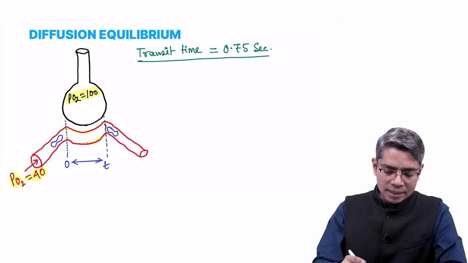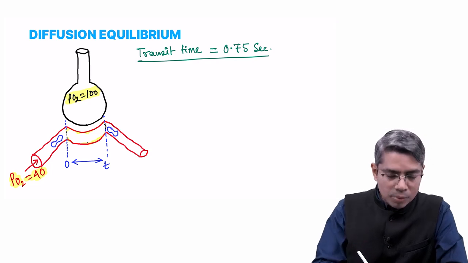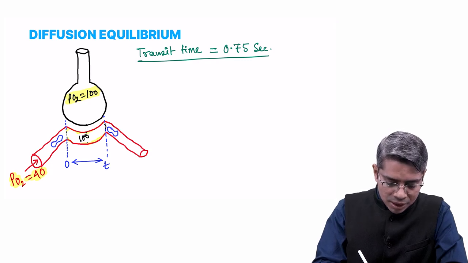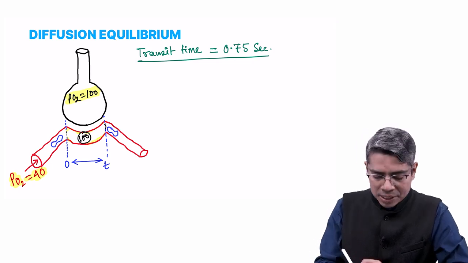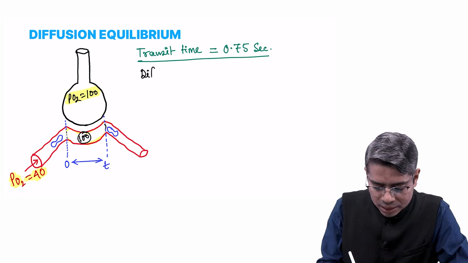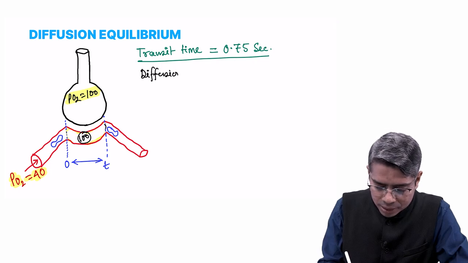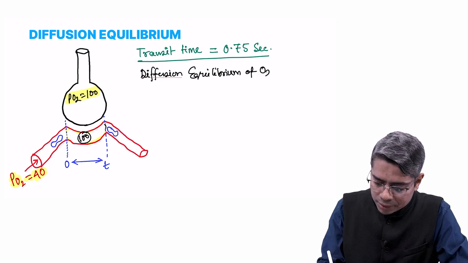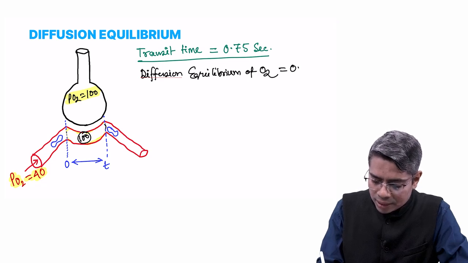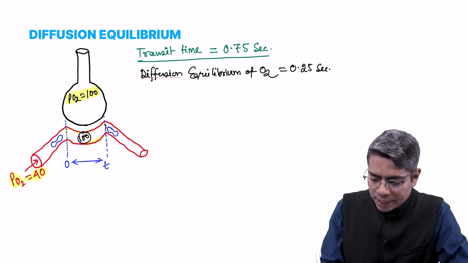Remember that the partial pressure of oxygen will be 100 in only 0.25 seconds. That means I am writing here the diffusion equilibrium of oxygen will reach only at 0.25 second.